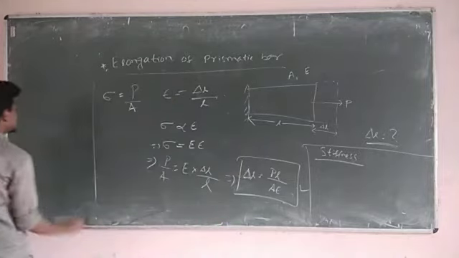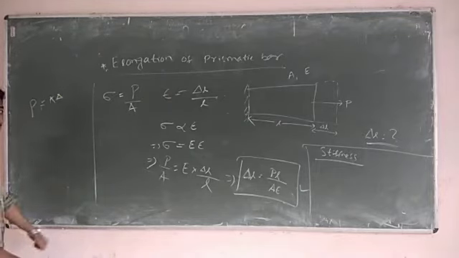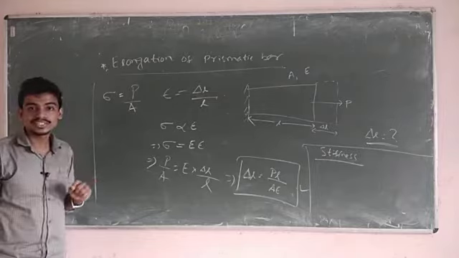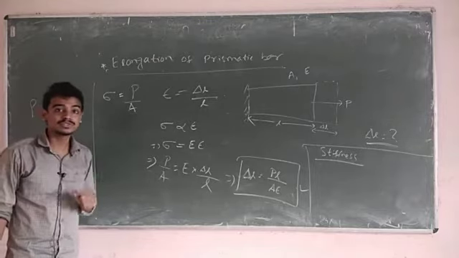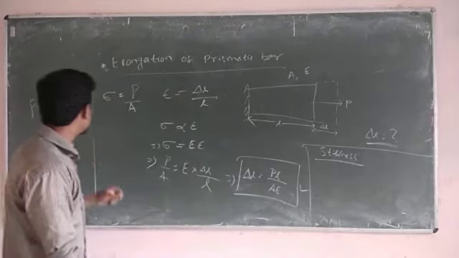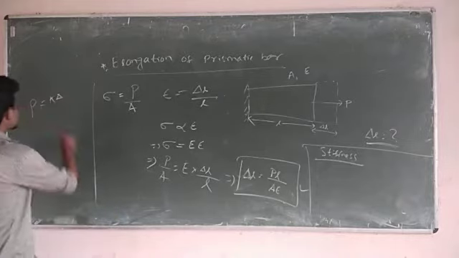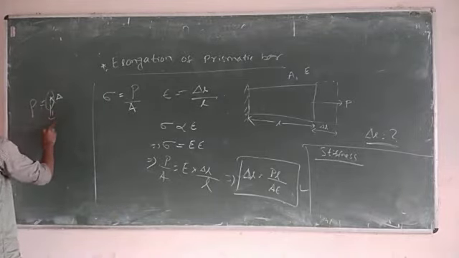In the spring case you must have studied P equal to K delta, where K is a constant and delta is your elongation. While doing your spring problems, you must have studied P equal to K delta. So here also it is the same thing, and K is our stiffness.